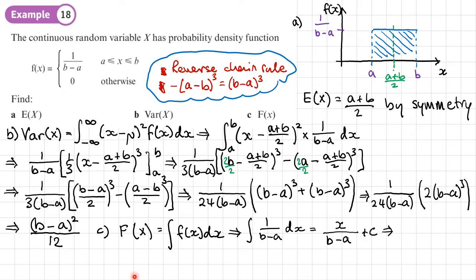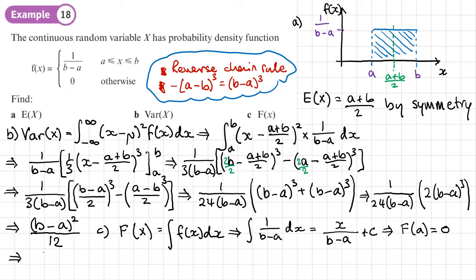Now we know, for example, that the CDF is 0 when we put in a into it, so f of a equals 0, or we can use f of b equals 1. So let's use f of a. I'm just choosing that one. So we know that f of a equals 0. That basically means if I substitute a for x, that I can use that to work out what c is.